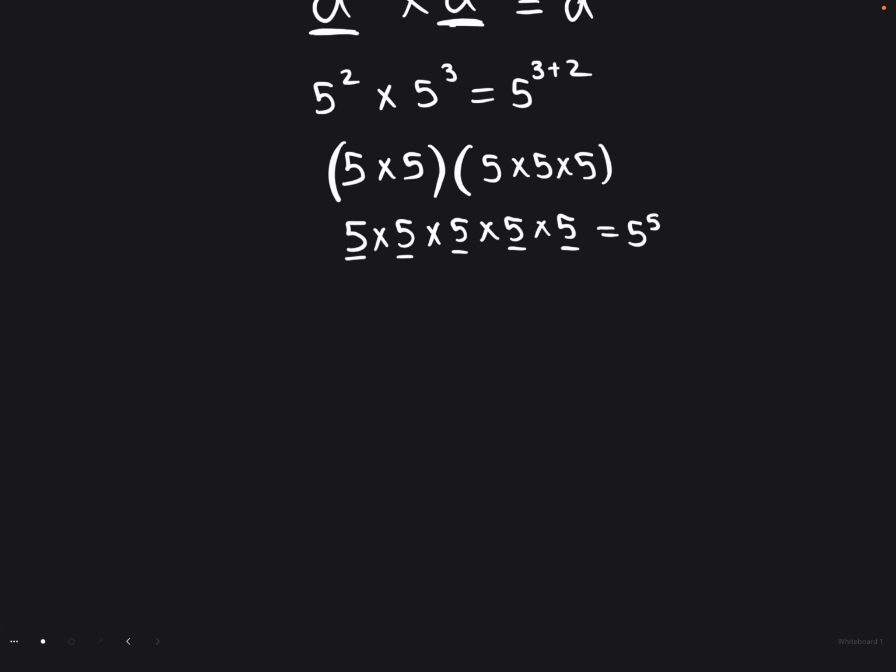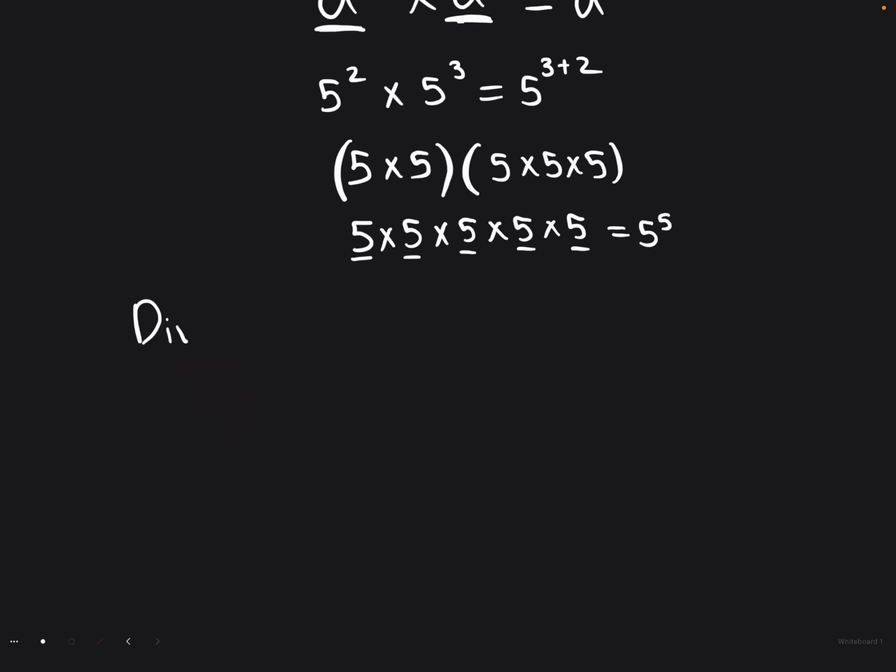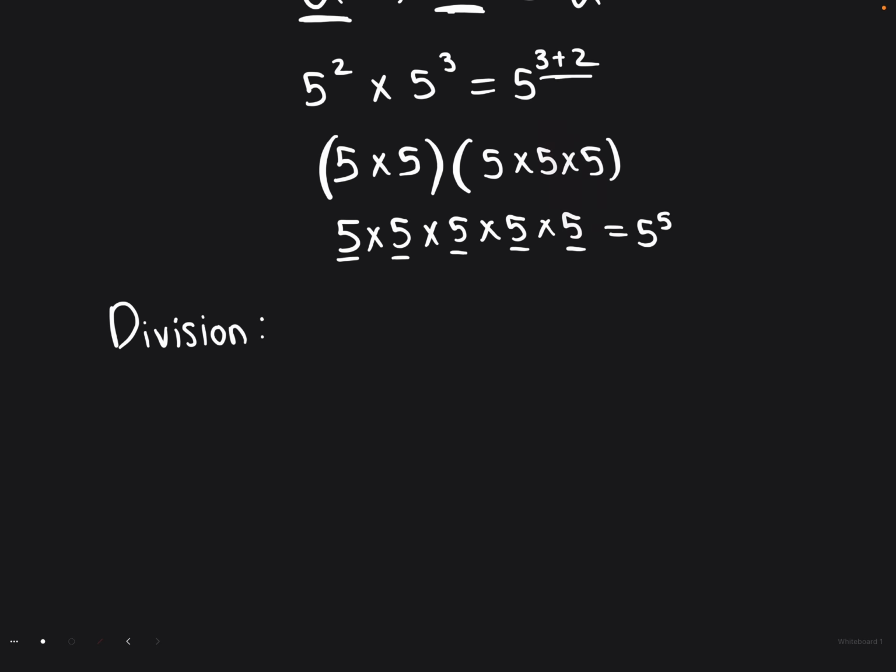Next rule for us is division. For division, the rule is that you subtract the exponents. Like over here you add them, but in division you do the opposite, which is subtraction. So let's say you have a^m over a^n. Make sure the bases are always the same.